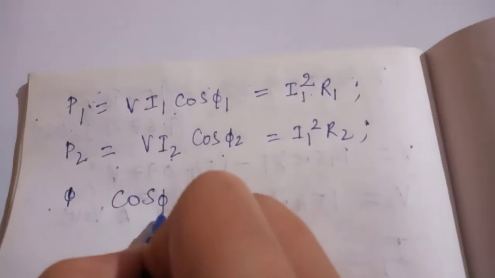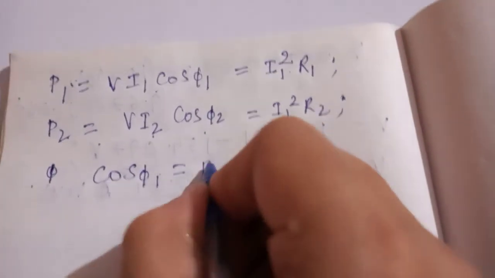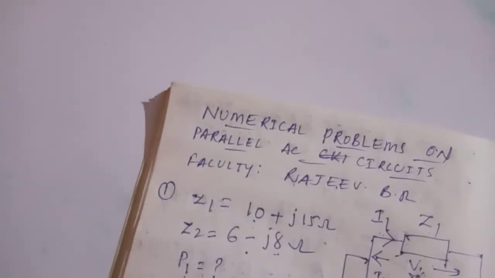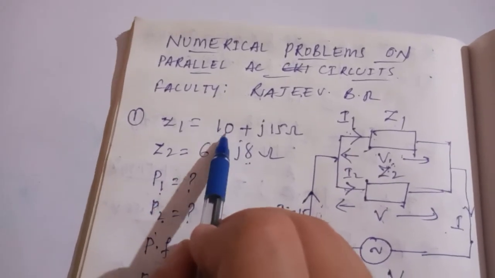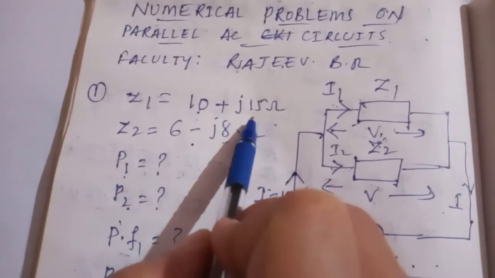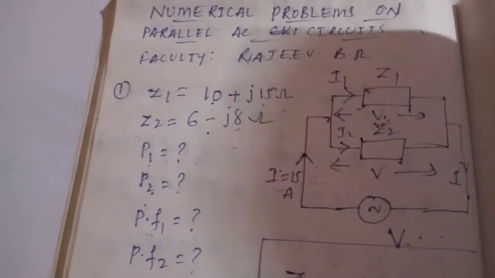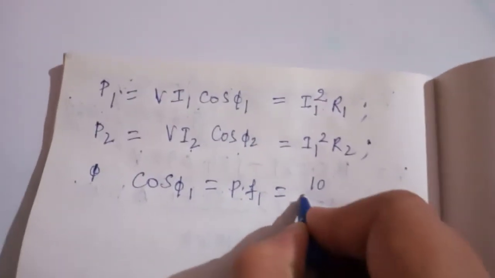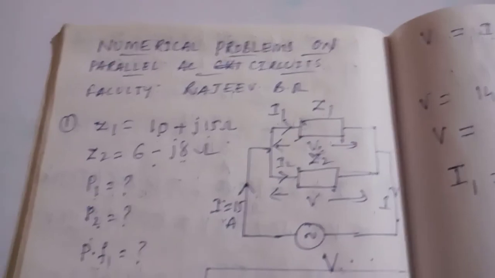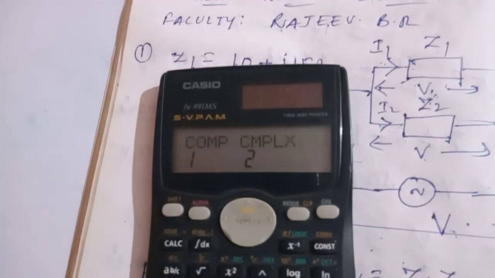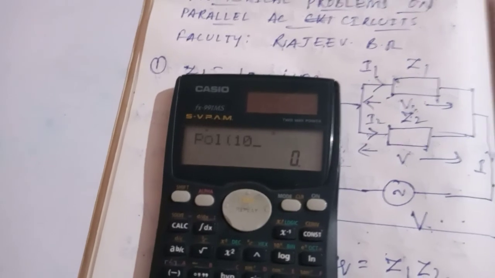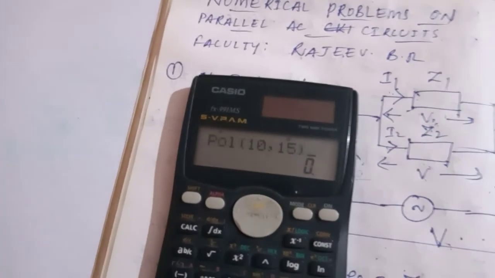So power factor of 1, cos phi 1 or PF1, is equal to R by Z directly. What is R in the first circuit? 10, divided by Z. Z1 is 10 plus j15. Take the polar form of 10 comma 15.